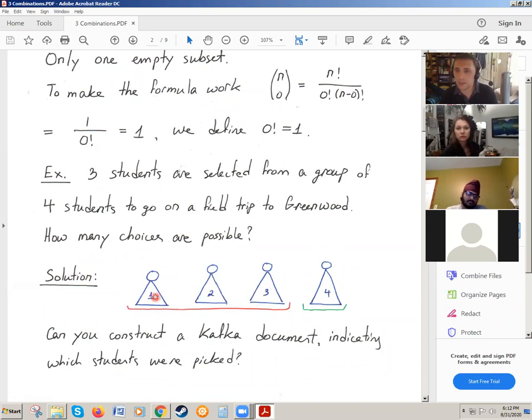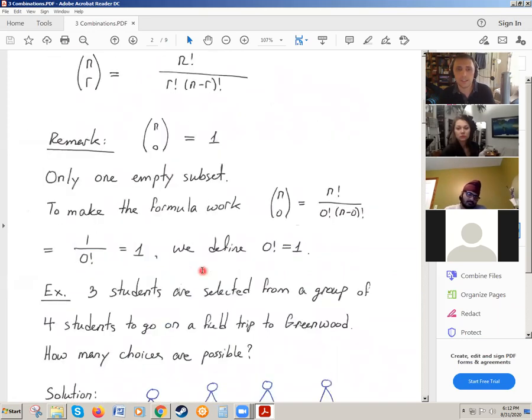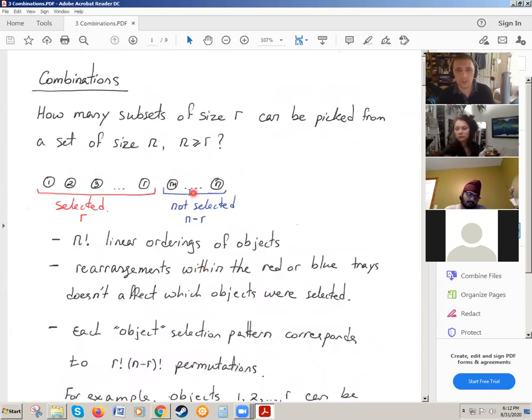There are 3 factorial rearrangements. And the elements in the green tray can also be rearranged among themselves. So in general, this is the situation, right? If we need to select r elements, then the selecting tray contains r placeholders. And the not selecting tray contains the remaining placeholders, n minus r, right?